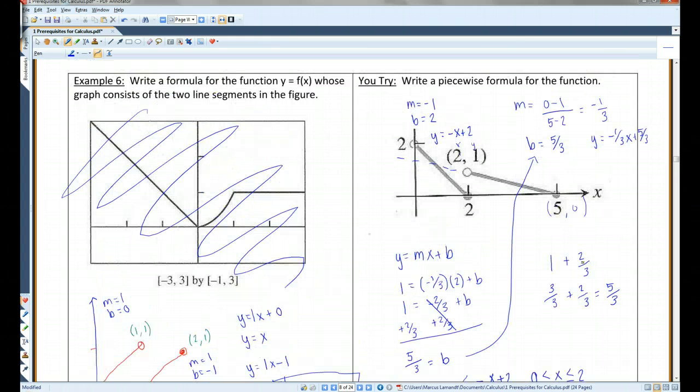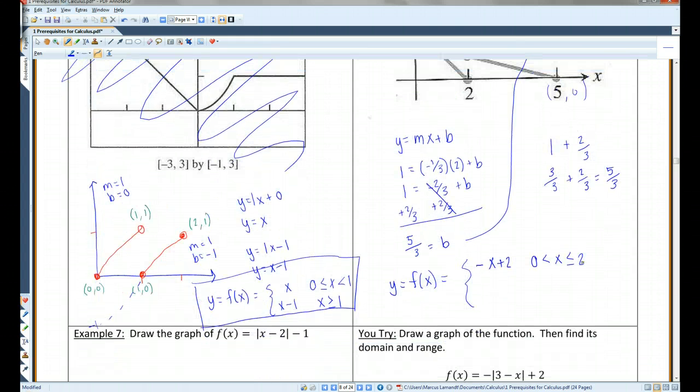And then -1/3 x plus 5 over 3. Okay. And this is between 2 and 5, not including 2, but including 5. Okay. And that is your answer.